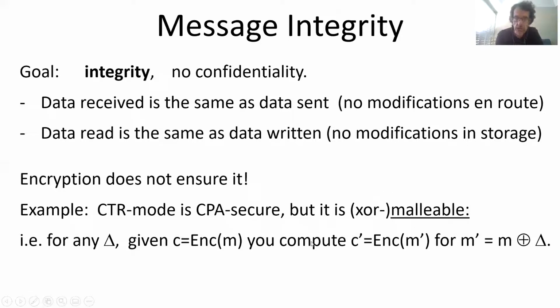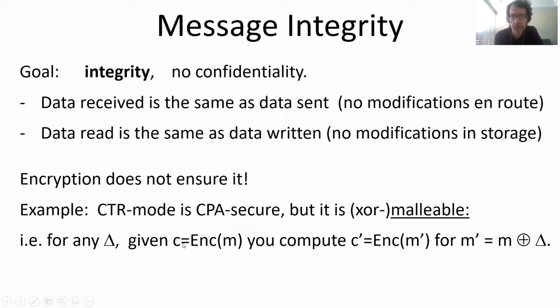Okay. But here you saw malleability in the service of an attacker, and the short story that captures these attacks on counter mode is that it is malleable. Counter mode is malleable.